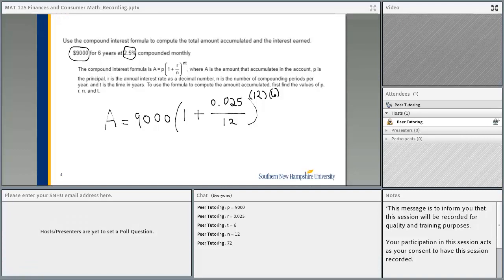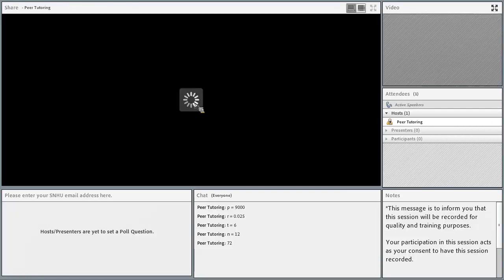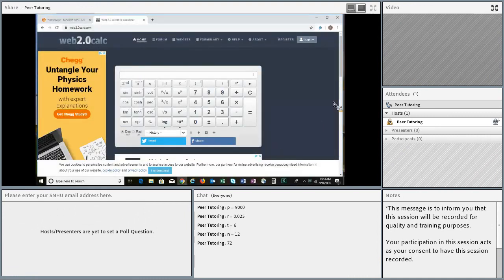I'm going to switch over to Web 2.0 Calc, and I'm going to take you step by step through how to enter this into the calculator. Again, it's just one way, so you have to figure out a way that works for you. Let me share my screen. So here it is.